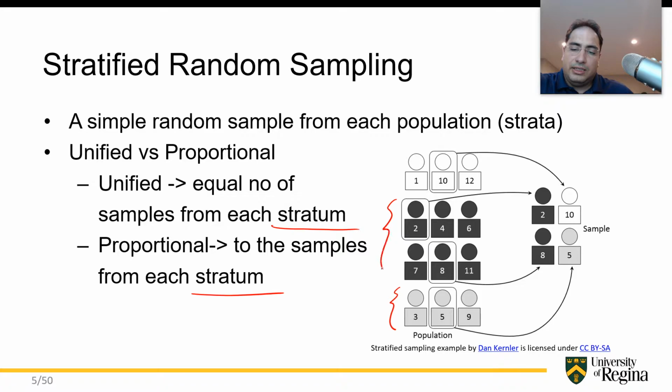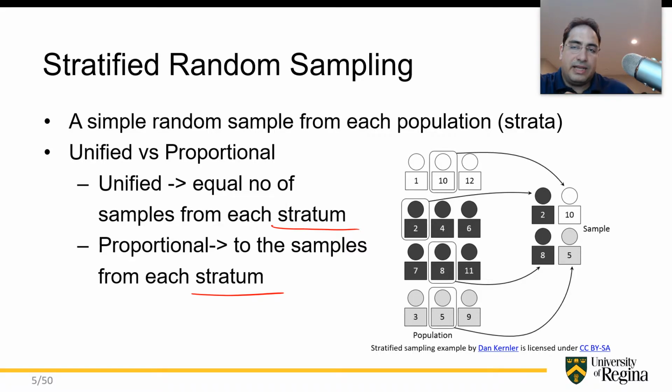It could be a specific geographic region, it could be a specific class, and it's not necessarily for human beings. If we're sampling from image data, from images of flowers or animals, you want to make sure that you identify these strata beforehand, and then use one of two methods to draw samples from that population.